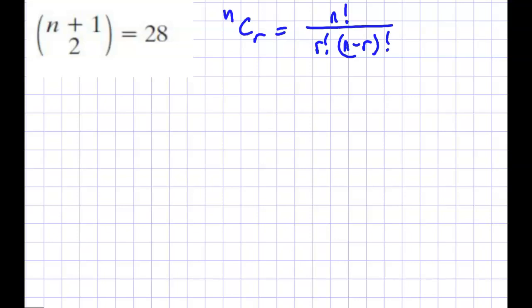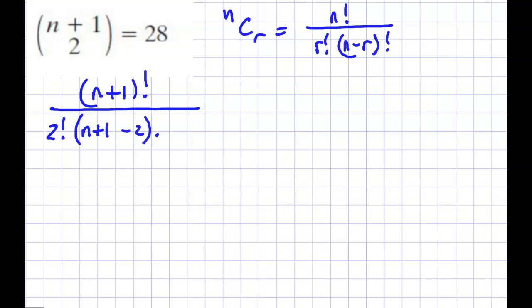So here my n value is n plus 1, so we have n plus 1 that's being put to factorial, and we're dividing that by 2 factorial multiplied by the difference between n plus 1 and 2.